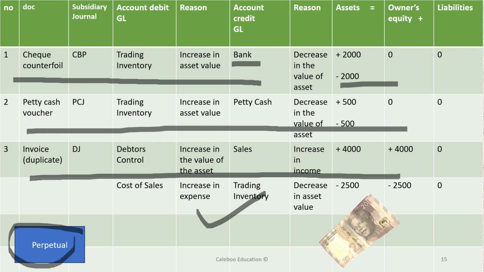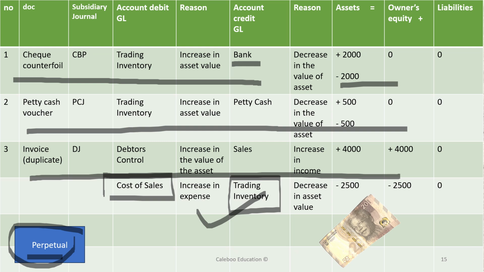I've explained this slide before in previous slides, so you can have a look here at the perpetual. And perpetual, remember, cost of sales is calculated at the point of sale. The trading inventory account is being used for all the transactions that relate to trading inventory.